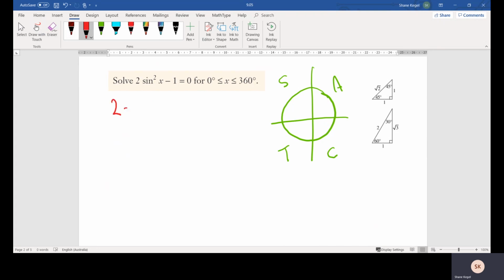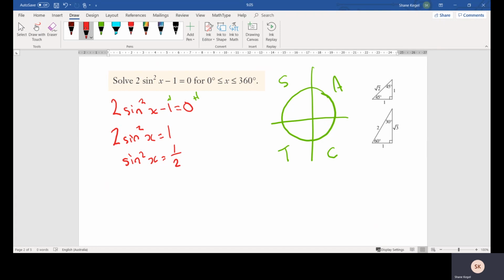So if I write it out, I start with 2 sine squared x take 1 equals 0. Let's add 1 to both sides. So I get 2 sine squared x equals 1. Divide through by 2. I get sine squared x equals 1 over 2.